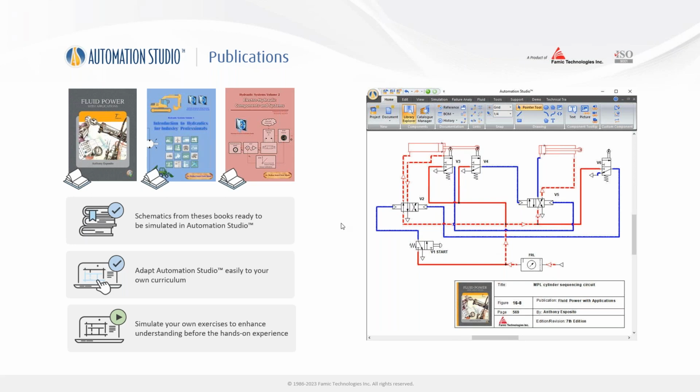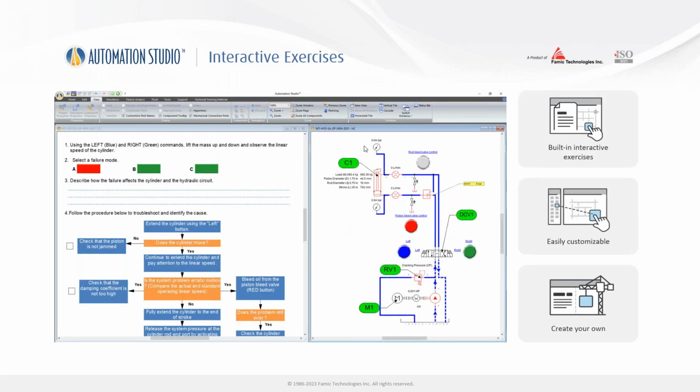Teachers can create their own exercises, so they can have interactive exercises. They can create their own circuit from whichever publication they are teaching, and then create their own questions, question sets or assignments, and give them to students to practice and solve the questions that they have added.